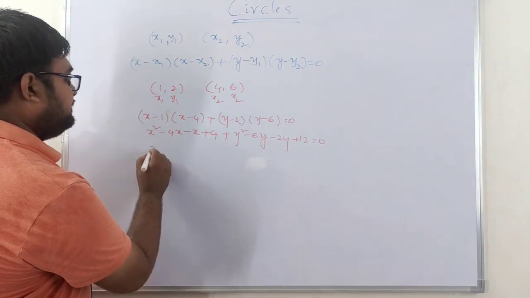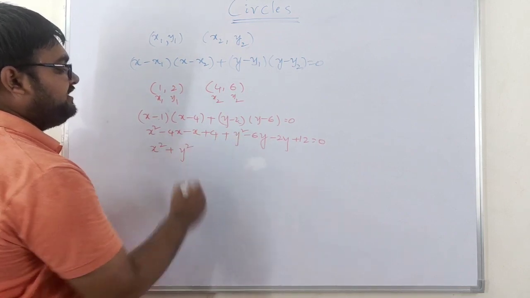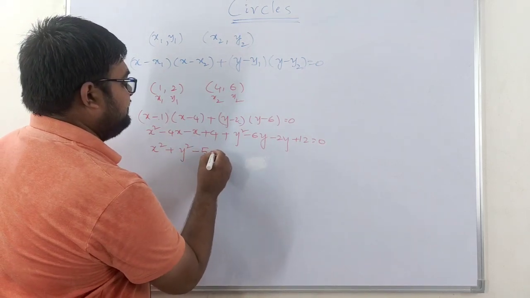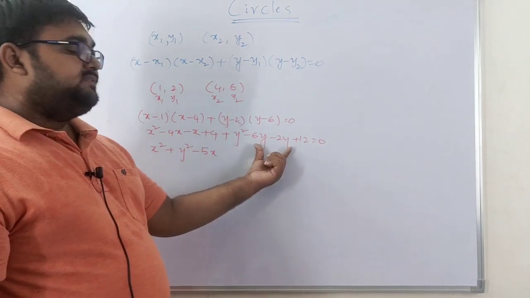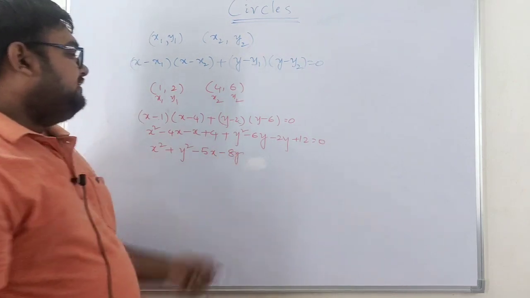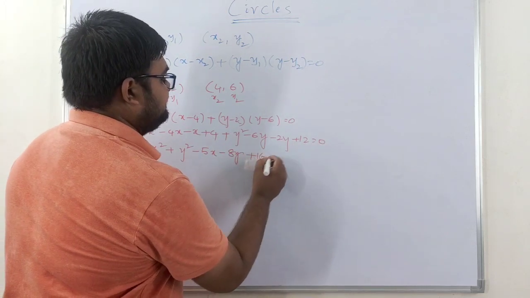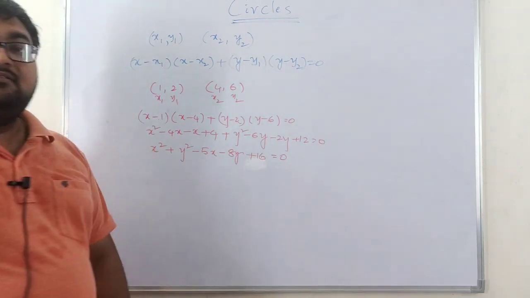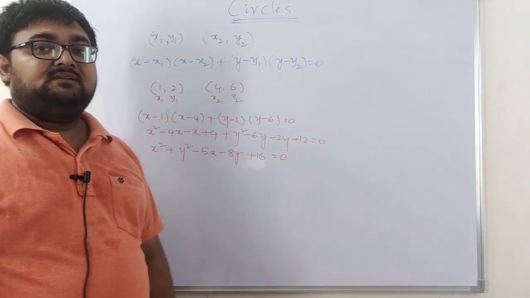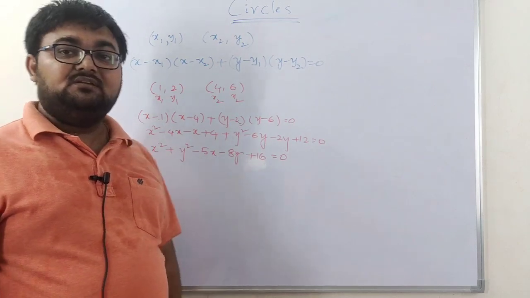Now rearranging everything: x square plus y square, then x terms, minus 4x minus x is minus 5x, y terms, minus 6y minus 2y is minus 8y, constants, 4 plus 12 is 16. So x square plus y square minus 5x minus 8y plus 16 equals 0 is my required equation of the circle. So by using the diametric form, we have found the equation of the circle.